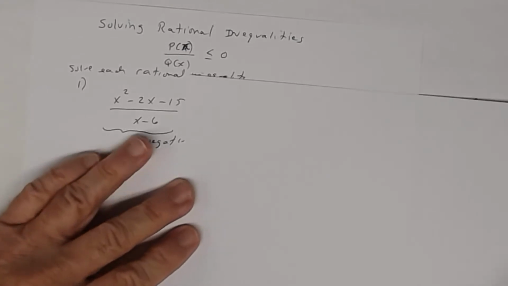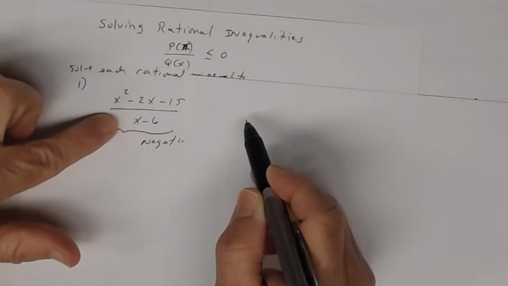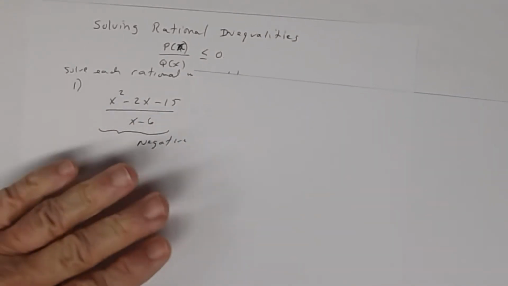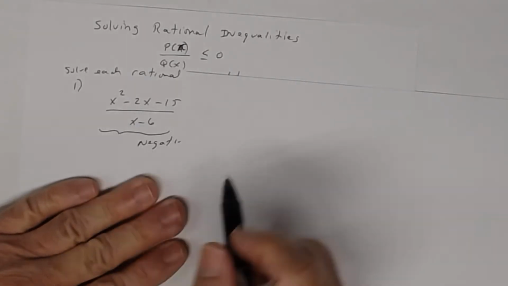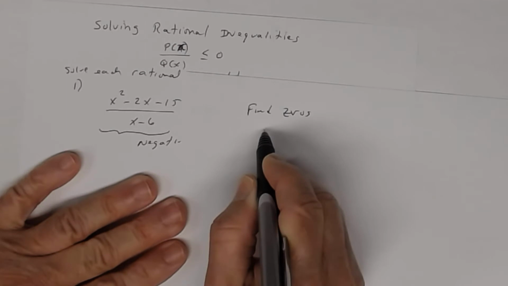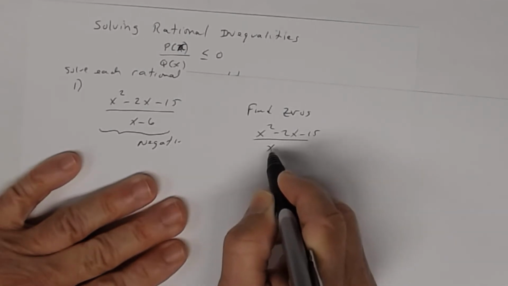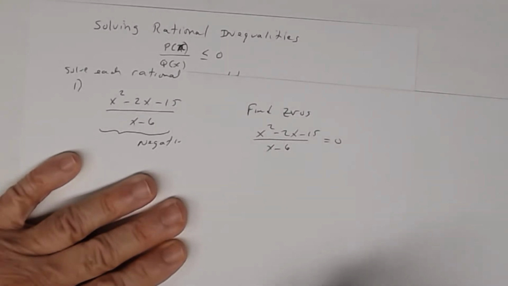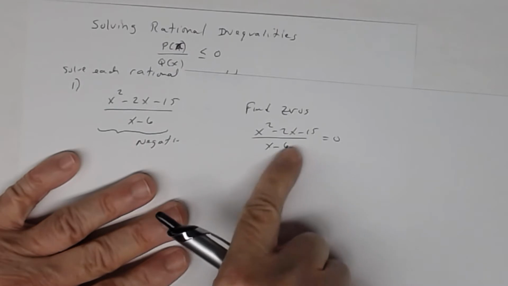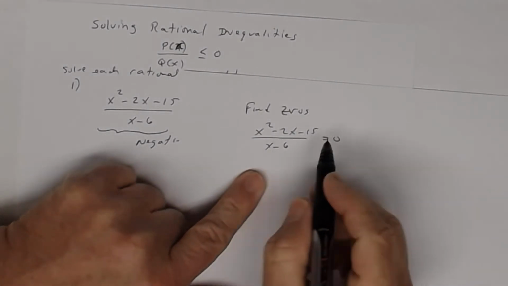Whenever you're finding zeros, what you're doing is setting this expression, and I covered up the less than 0 for a reason, equal to 0 because you're trying to find where this equals 0, right? And to solve this rational equation, which you had in a previous lesson, you're going to multiply both sides by the LCD, which is x minus 6.